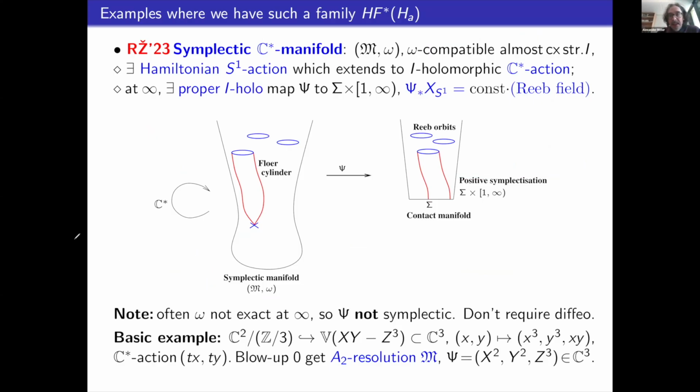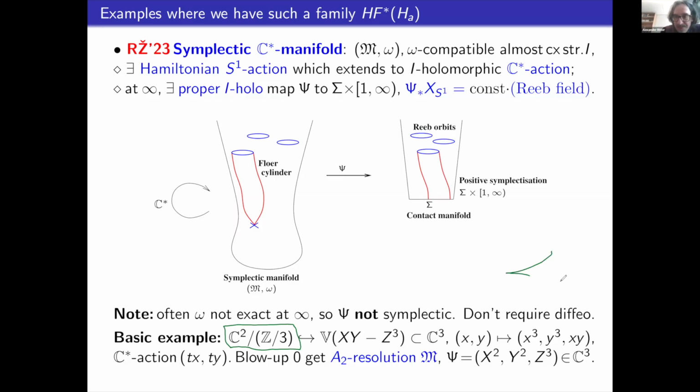Now, a simple example is again Cn, but the first sort of non-trivial example, an interesting simple example in complex dimension 2, is the A2 resolution. So here we're looking at this quotient singularity C2 mod Z mod 3, where the Z mod 3 is acting by zeta and zeta inverse on the two coordinates, so cube roots of unity.